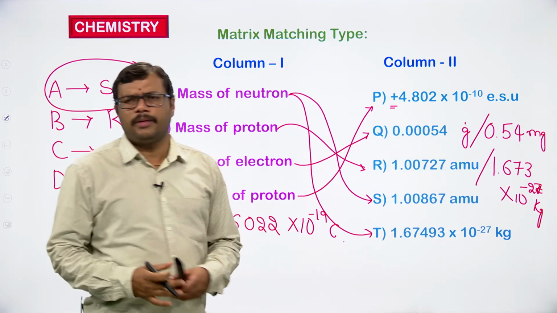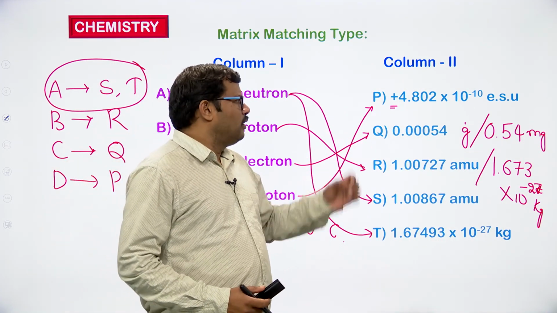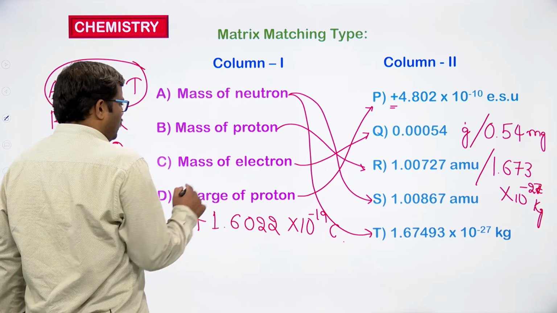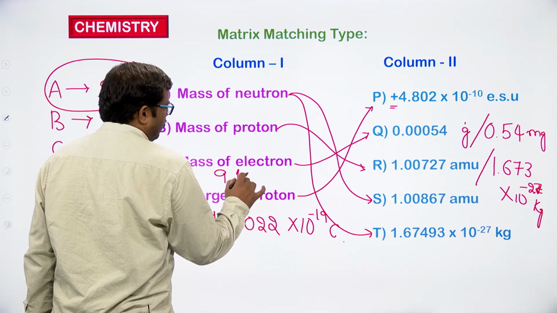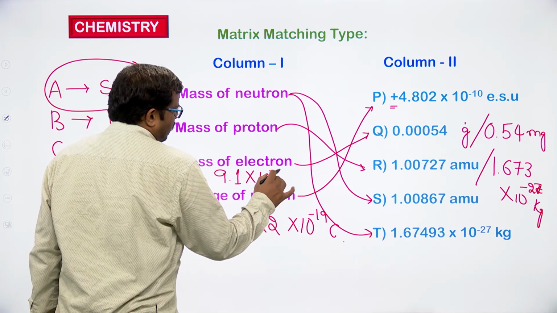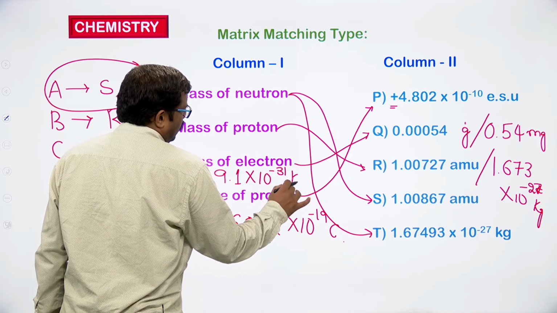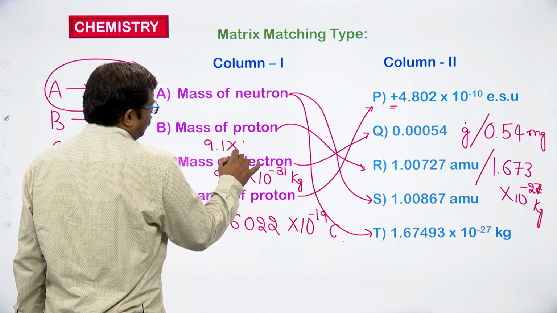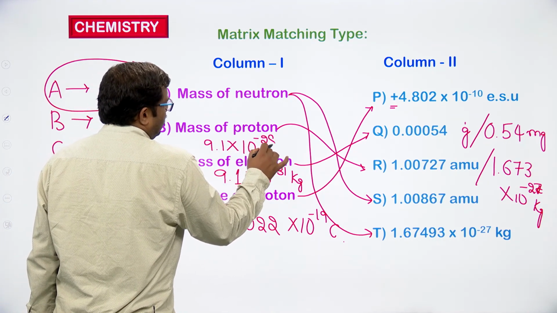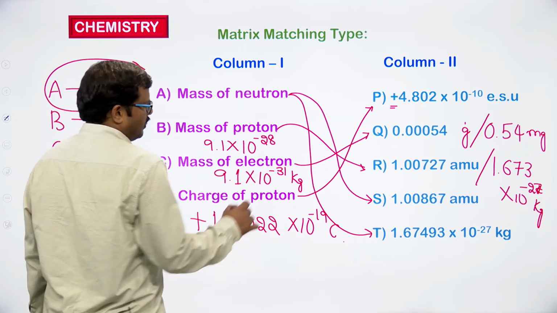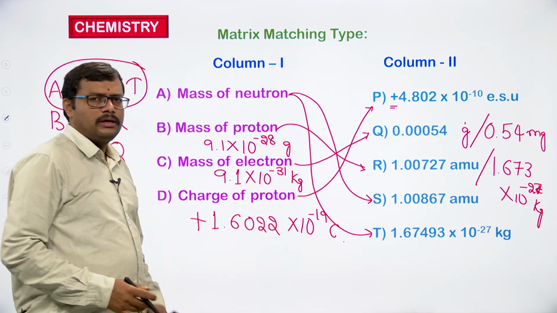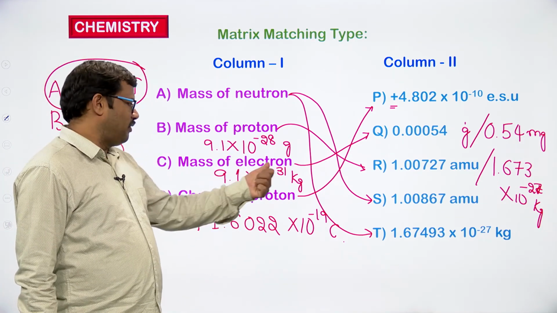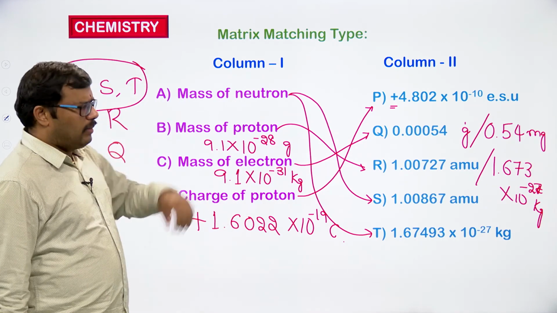So, we can even expect a 0.54 milligram value as the mass of the electron, or the mass of electron can also be given as 9.11 into 10 to the power of minus 31 kilogram, or it can also be given as 9.1 into 10 to the power of minus 28 grams. So, they may be given in this way, or 9.1 into 10 to the power of minus 31 kilograms. So, whatever may be the values given.